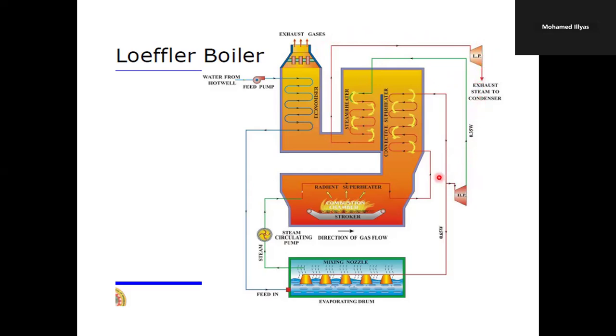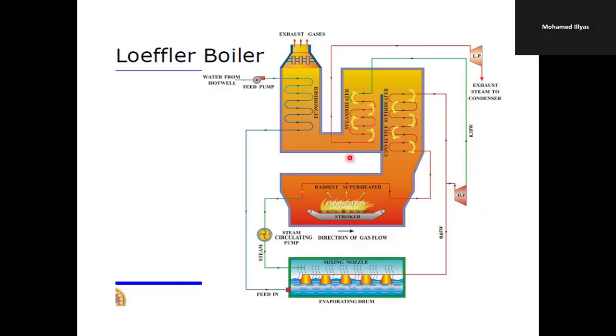So in the case of a Loeffler boiler, we expand the steam in two stages, as we call them, high pressure and low pressure stages, where at the intermediate stage we do the reheating process, and we use part of the steam to produce steam from the water in the evaporating drum.